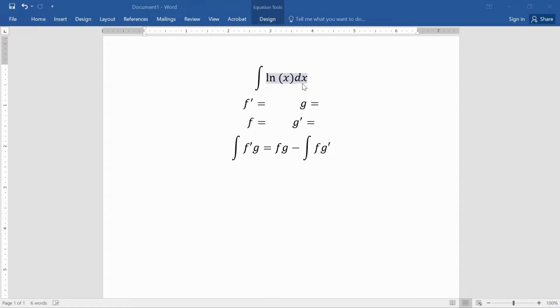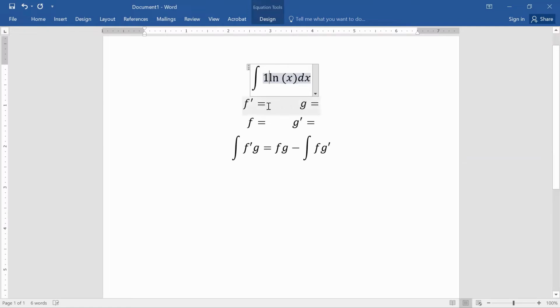If I want to find the antiderivative of natural log of x dx using the technique of integration by parts, what I would do is pretend that there is a constant polynomial out front. Now, the only constant polynomial that makes sense to multiply is just the number 1.